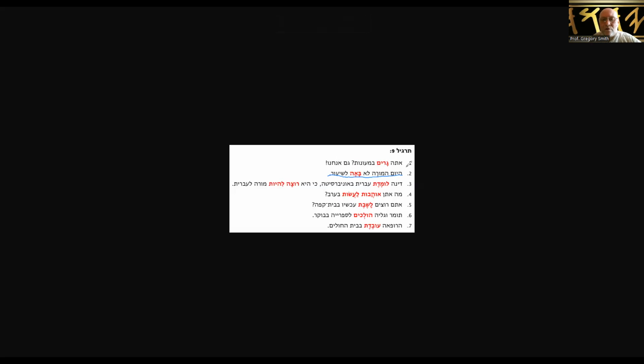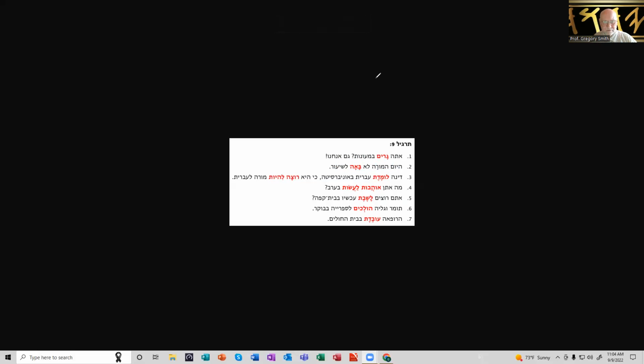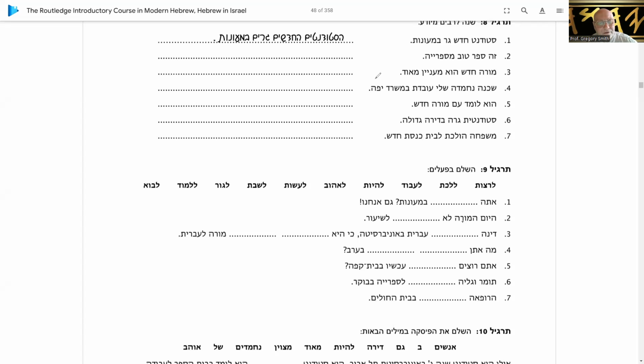Look at that. They use ba'a. Hayom hamora lo ba'a la shiur. So today the teacher did not come. Ba'a la shiur, did not come to. There's no way that I could have figured that out. Yes, there's more than one that'll go in there.